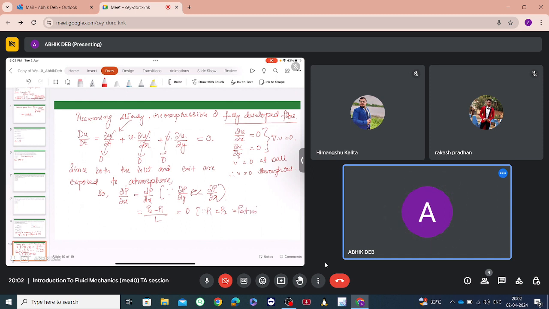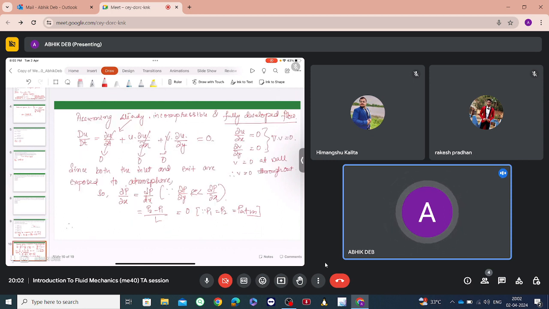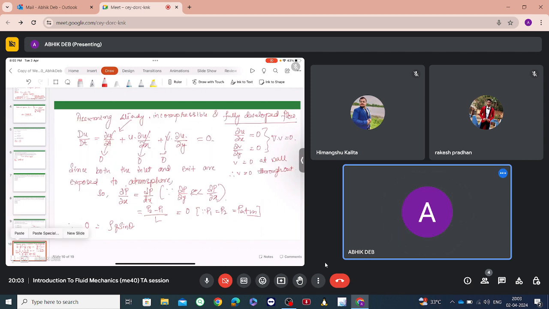Therefore in this equation the left hand side becomes 0, and we will only be left with 0 equal to rho gi. What is gi? This will be g sine theta in the x direction. And del p by del x becomes 0, plus mu del 2u by del y2 equals 0.